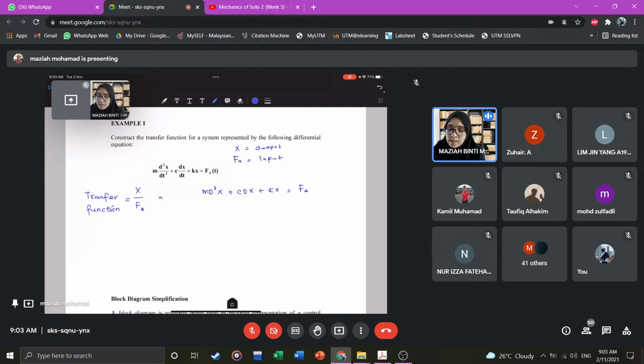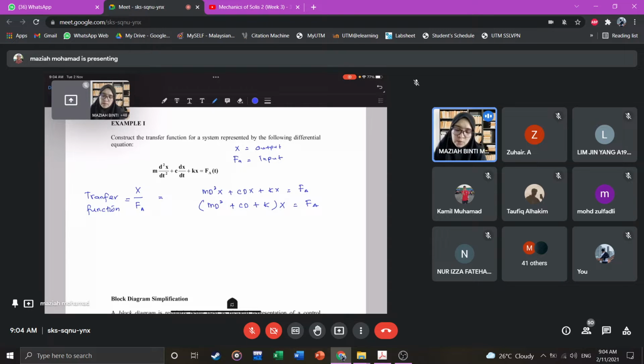So we separate this: (M D squared plus C D plus K) multiplied with X is equal to FA.